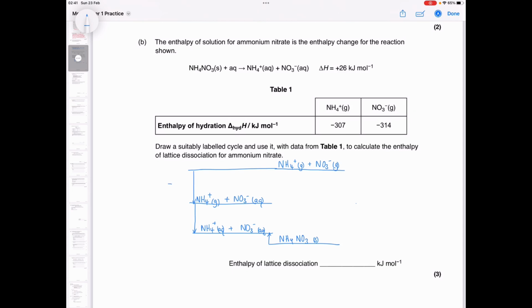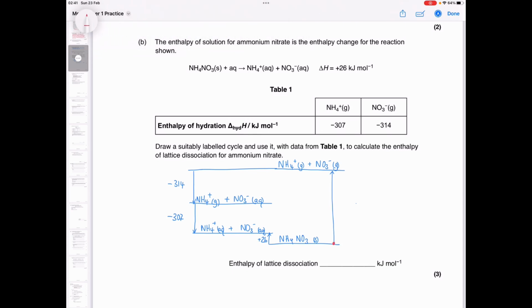So that is minus 314, that is minus 307, and this is plus 26. This is the one we want. That's the unknown.